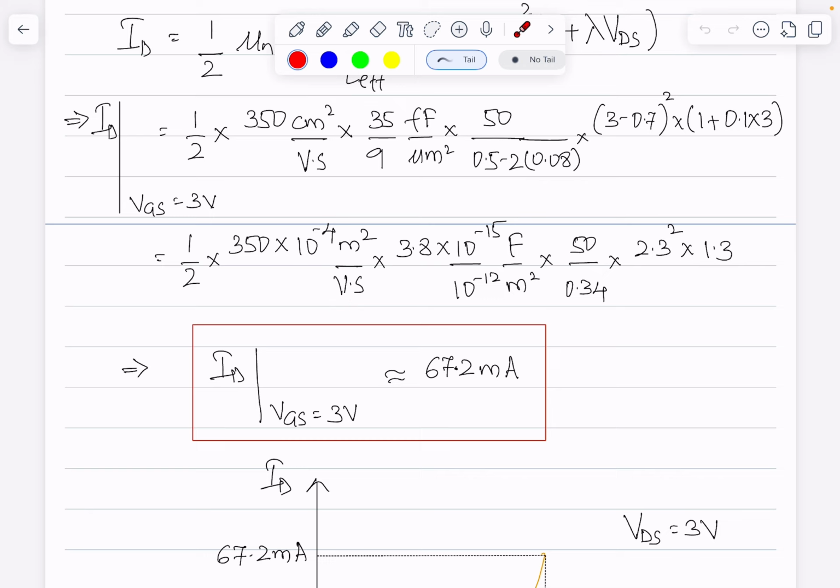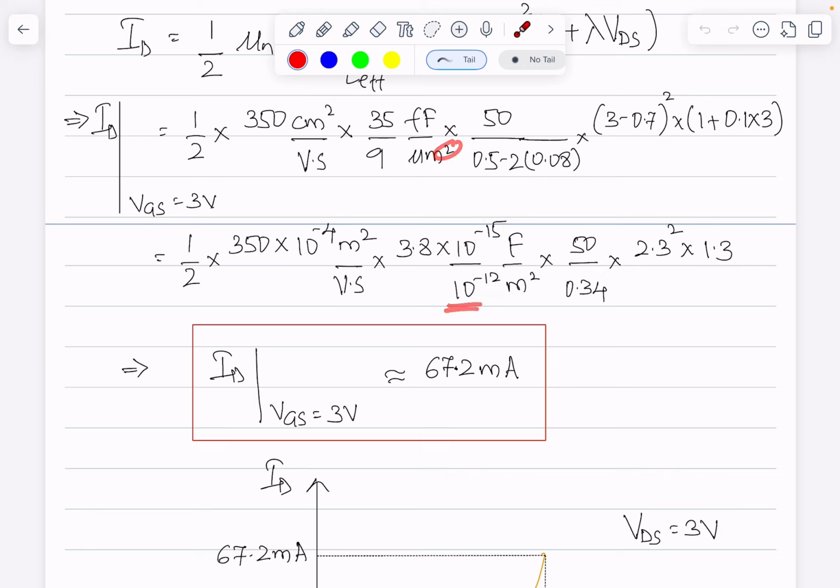Then 35 over 9 is 3.8. I convert femtofarad per micrometer square to farad per meter square so that these cancel. Femtofarad is 10 to the power minus 15, and micrometer is 10 to the power minus 6 meters, but since we have a square, it's 10 to the power minus 12 meter square.